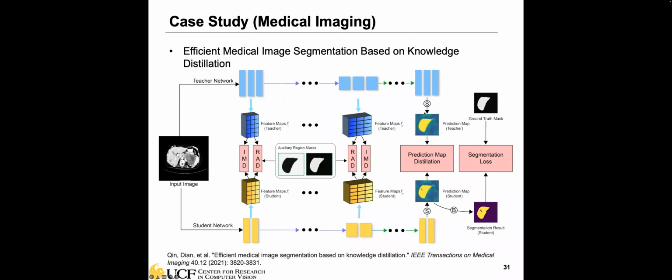They pass the same input through the teacher network and also through the student network, a smaller one, and they do distillation of the prediction map. This is before you come up with the mask; you have the heat map indicating one particular class. They match the student prediction map to the teacher prediction map, so the network can gain better generalization for better performance.